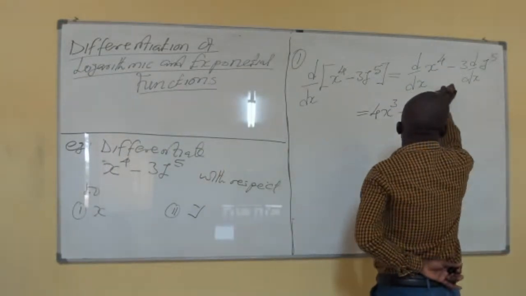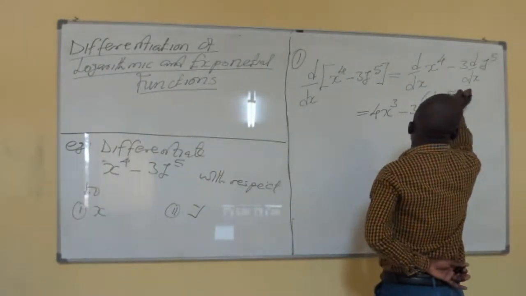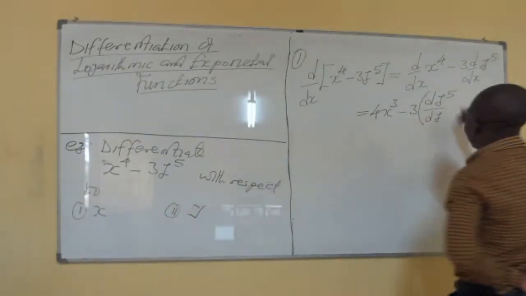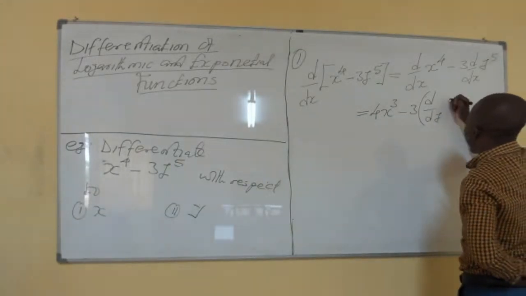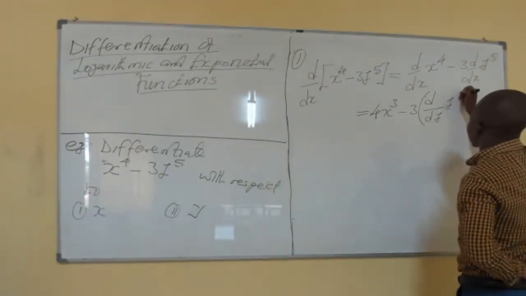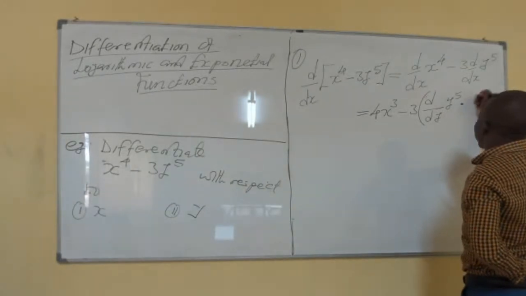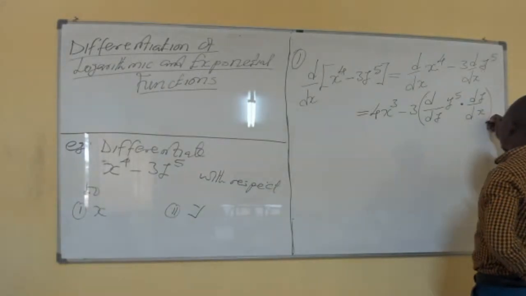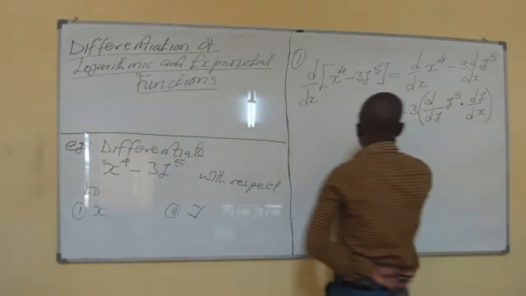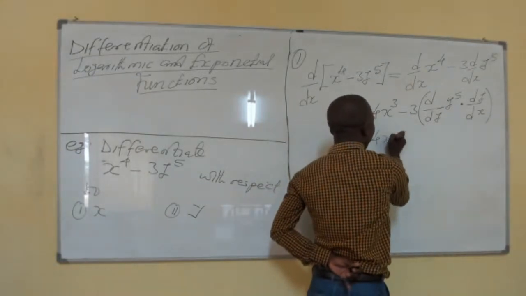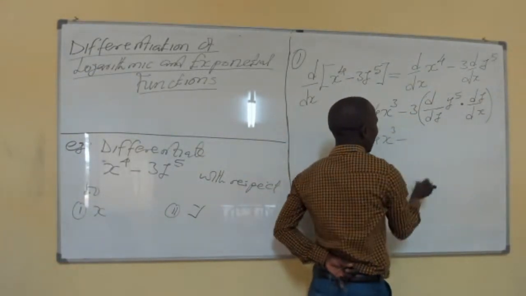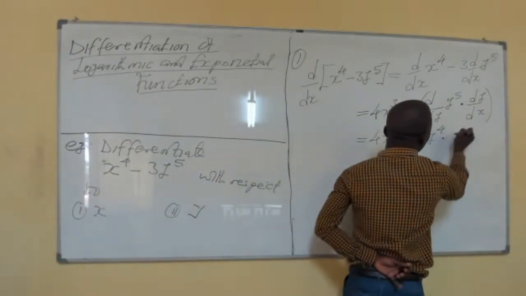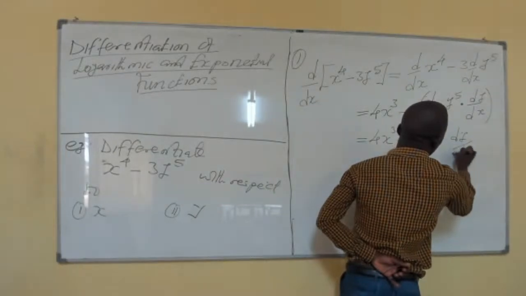So this part now, we are going to say the derivative of y^5 with respect to y, multiplied by dy, the derivative of y with respect to x, which will give us 4x^3 minus 15y^4 multiplied by dy/dx.